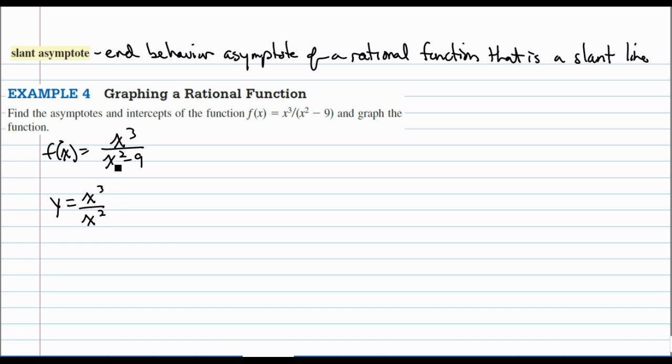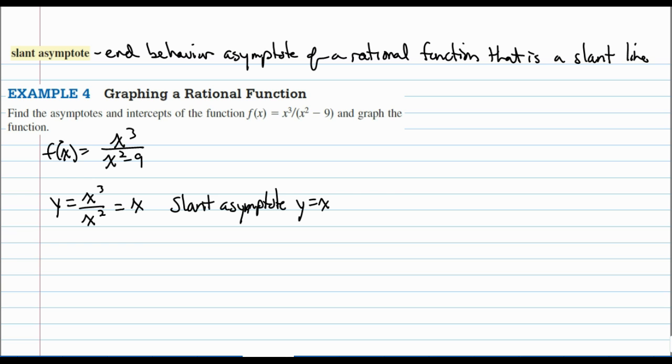The first term in both the numerator and denominator reduced. x cubed divided by x squared reduces to x. So your slant asymptote is y equals x.